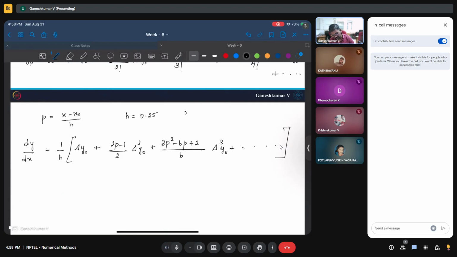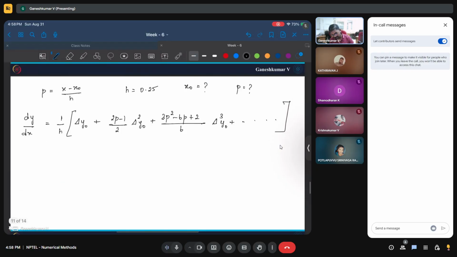Now the other thing is what is x naught, right? And what is p? In this case, we know dy by dx. We need dy by dx to be 0, correct? Which means du by dt is 0. So we know this part, we know h, we know delta y's.